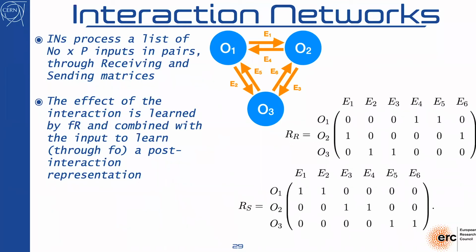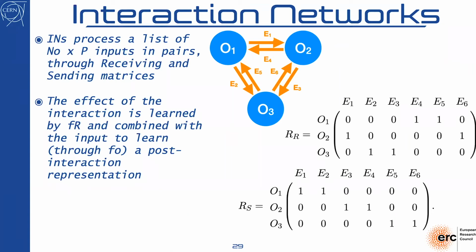And you want to build a matrix, the receiver matrix, which is a matrix of objects versus links. Since these links are oriented, so they are directional connections, and the self connections are not included, you have a matrix which is going to have n rows, and the number of columns is going to be n times n minus 1.